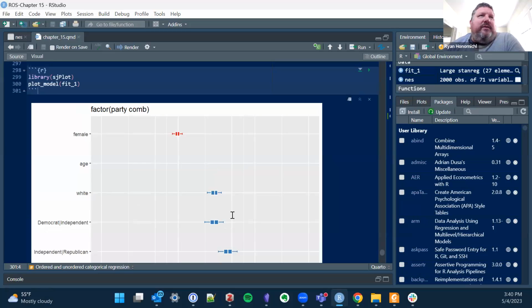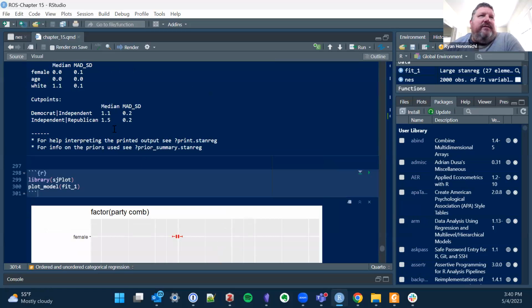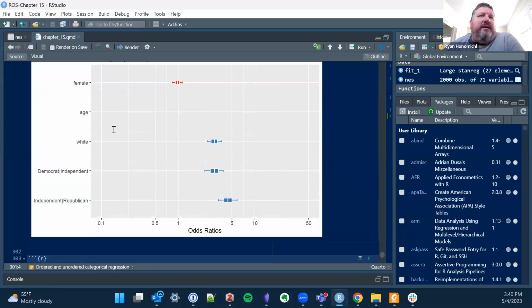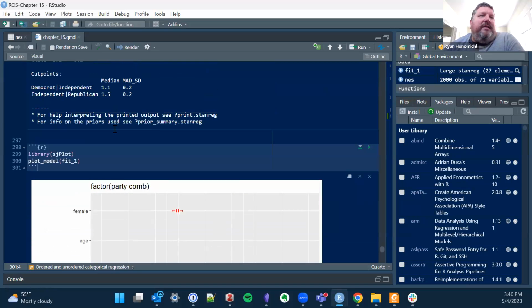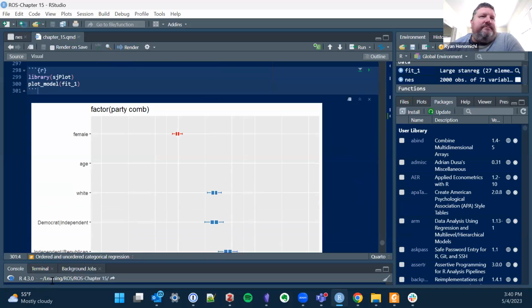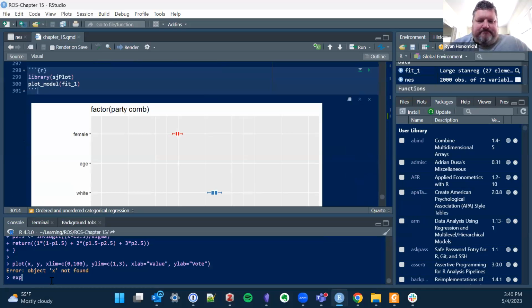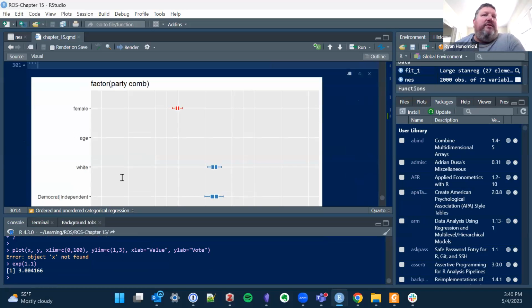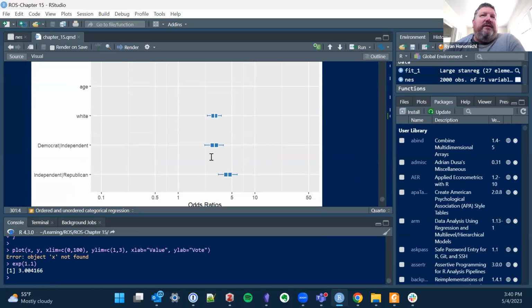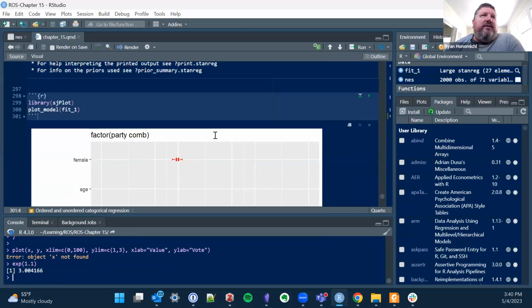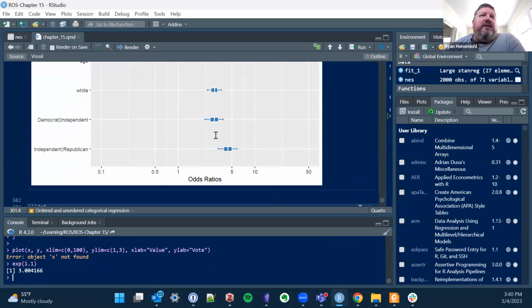So we get odds ratios from this. Just to make sure I'm clear, the odds ratio for 1.1 is 3, which is where we are here.